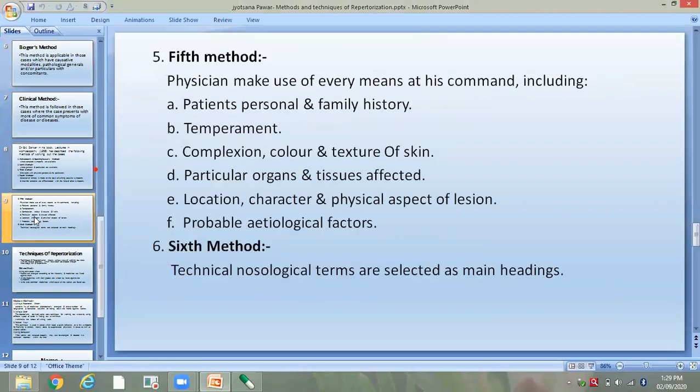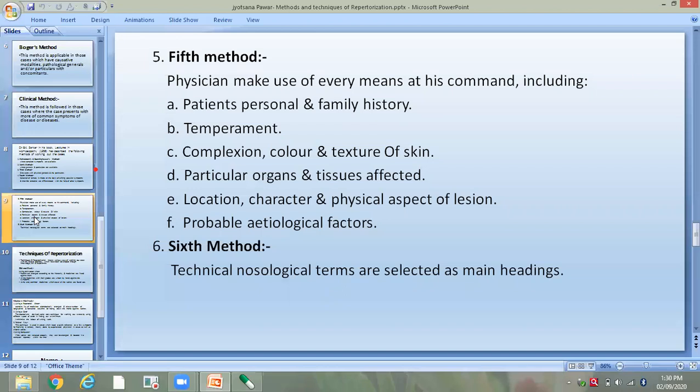Then the fifth method of repertorization. The physician makes use of every means at his command, including the patient's personal and family history, temperament, complexion, color, texture of skin, particular organs and tissues affected, then location, character, and physical aspect of lesion, probable etiological factors.